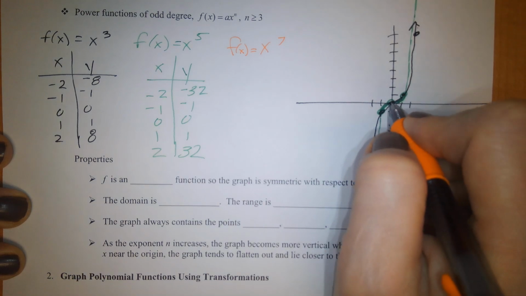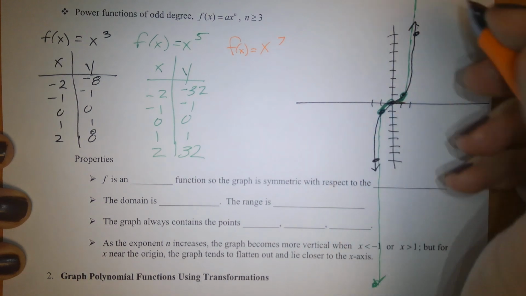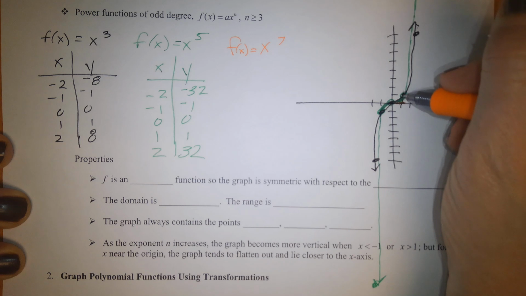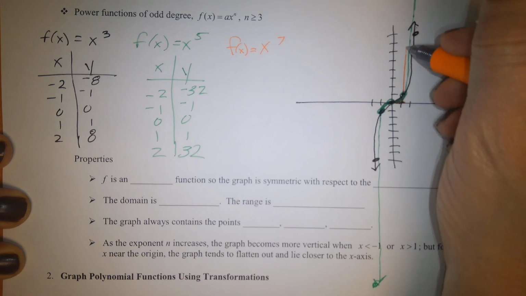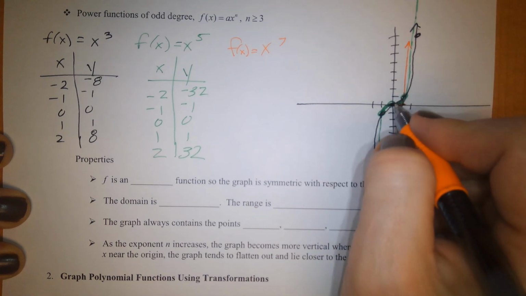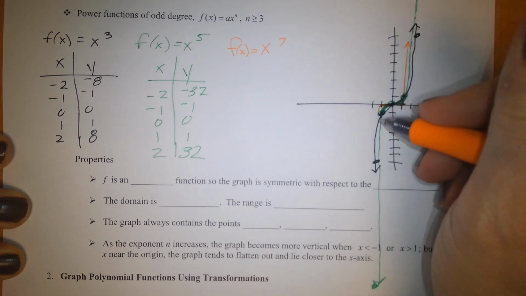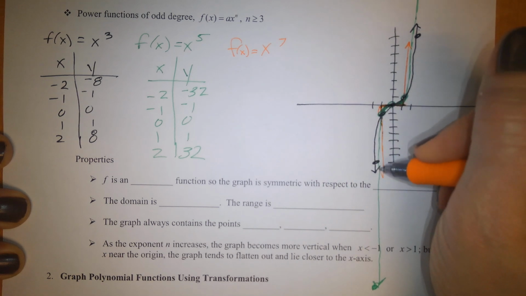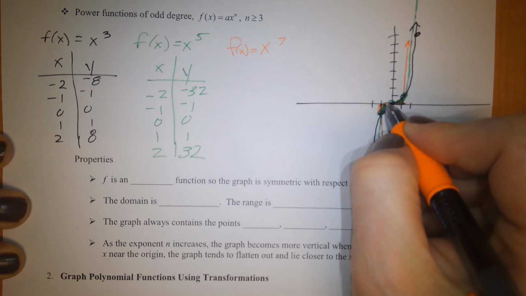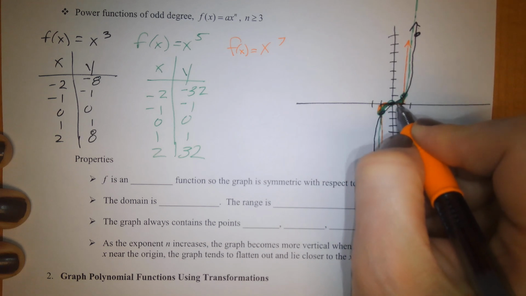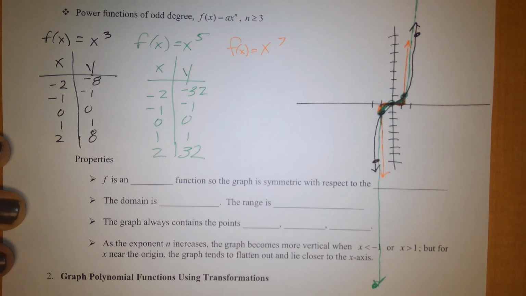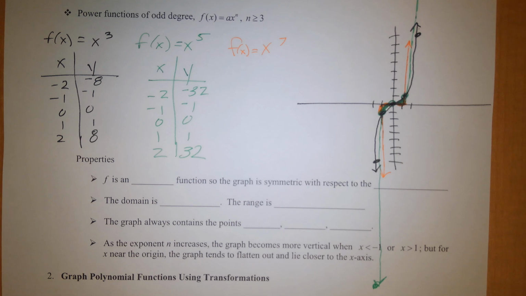This graph would be very flat, and then it would sharply take a turn and go directly upward, but still passing through those same 3 points. So you get an idea of what the odd functions will look like.